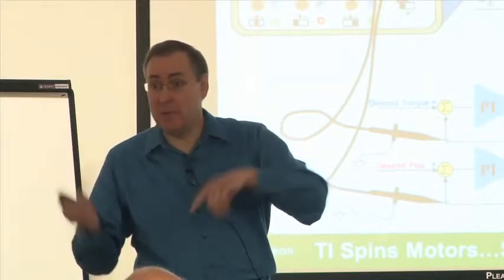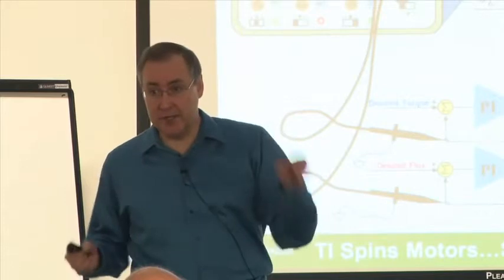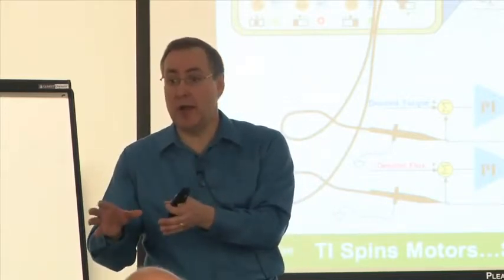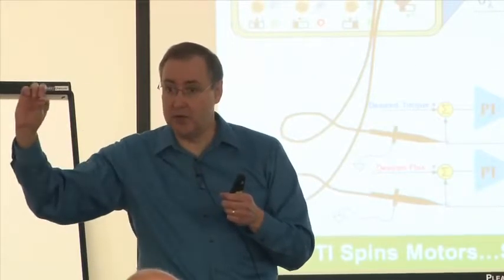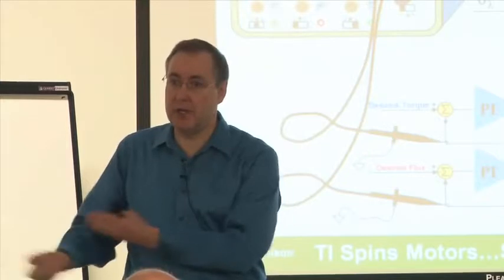But that's okay because you just want to get it moving. Once it gets moving, you're running your angle observer concurrently, and once you see it's converging, you say it's started. We can now convert over to the field-oriented routine and turn off the starter algorithm. Does that make sense? How long it takes depends on how long it takes to get up to speed before you can start getting good angle information.